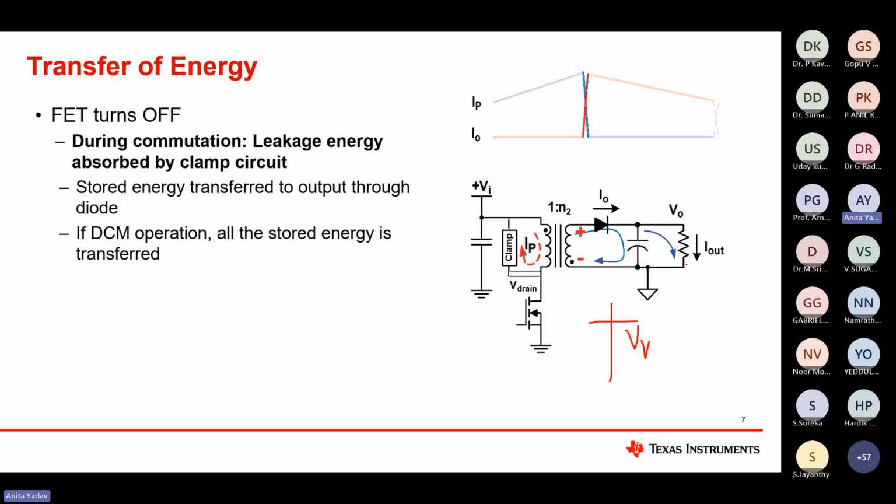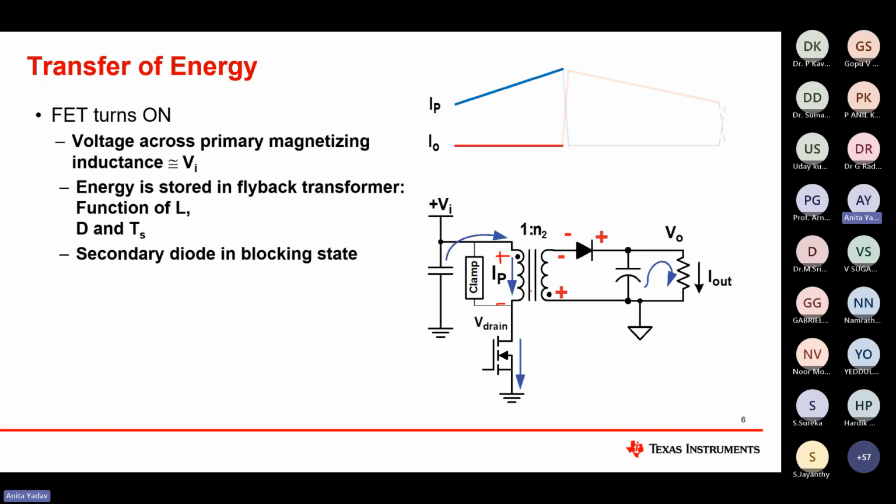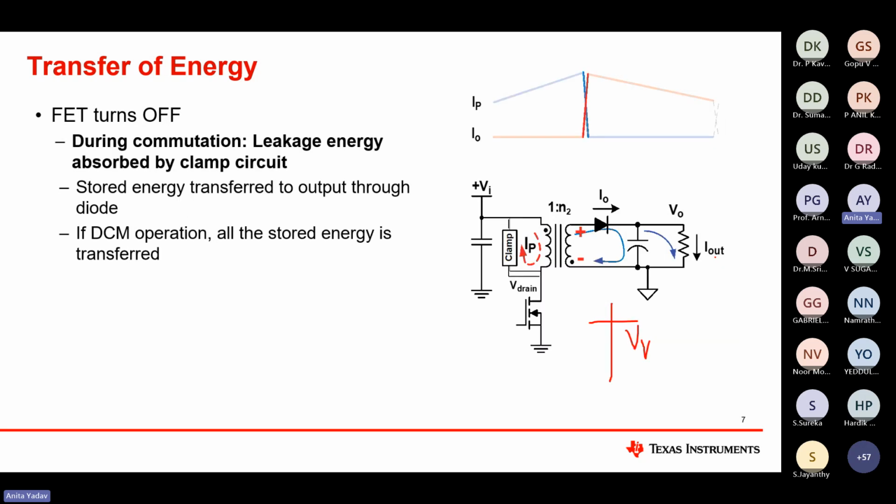In the previous time, when the FET is turned on, there is no transfer of energy, but as we are explaining this with the assumption that it's in steady state, the energy stored in the output cap supplies the load current. And the same goes during the commutation time.